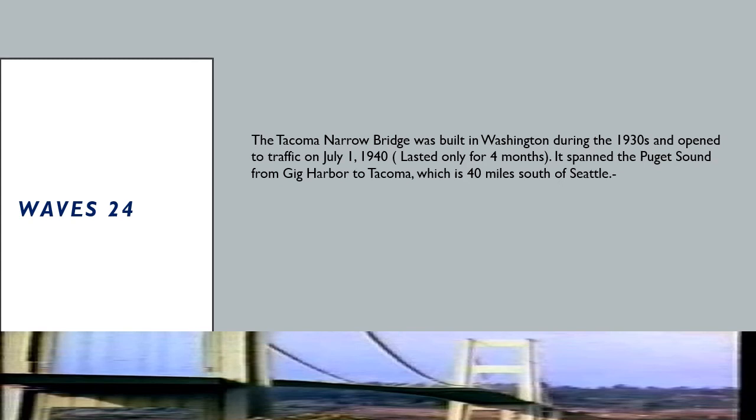And this bridge was a suspension bridge, very long and very narrow. When it collapsed, it was revealed that the engineers had probably not considered the aerodynamic forces in play at the location during periods of strong wind.